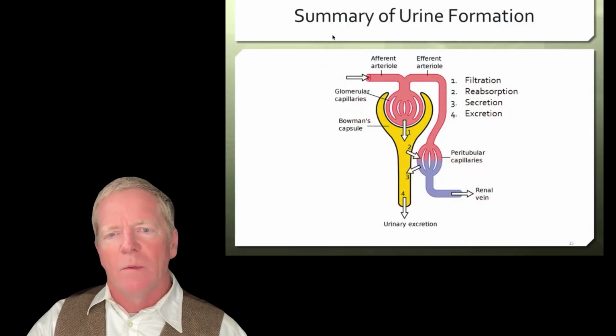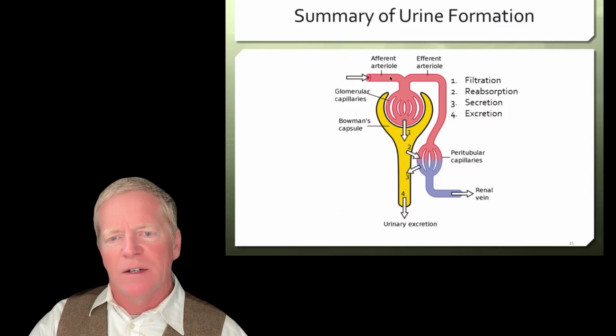Okay, so now we know that the afferent arteriole is delivering blood to the glomerulus. That's regulated.